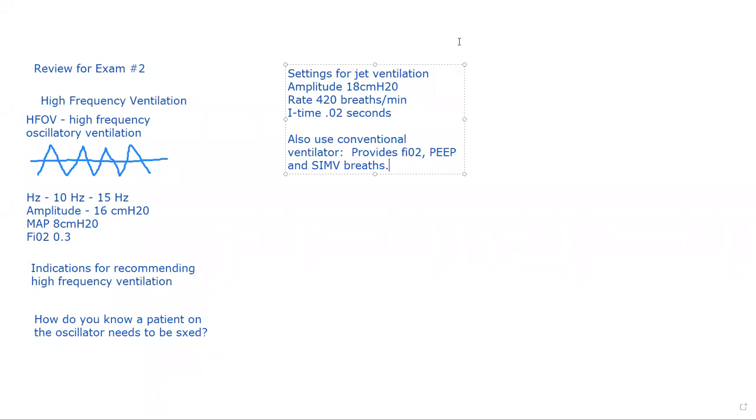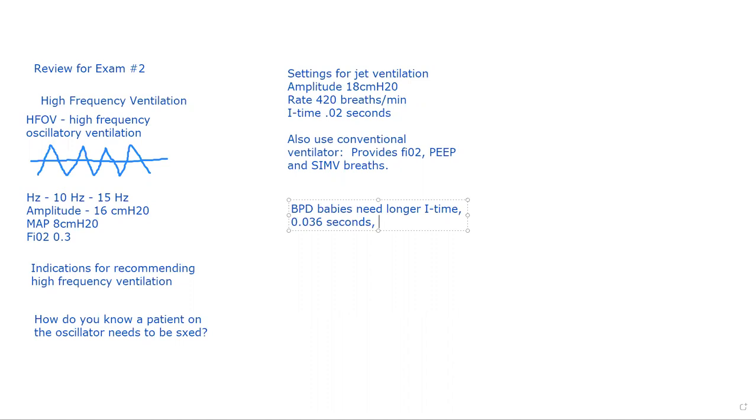I started talking about settings for BPD, so just to review those. BPD babies need a longer eye time. I think we said 0.036 seconds. They need a lower respiratory rate.